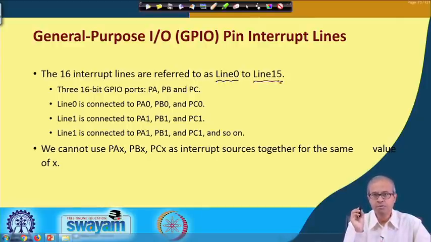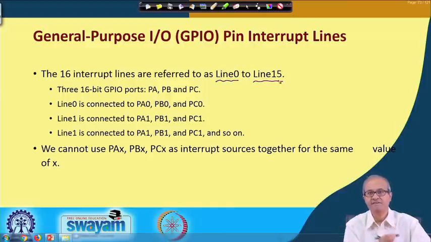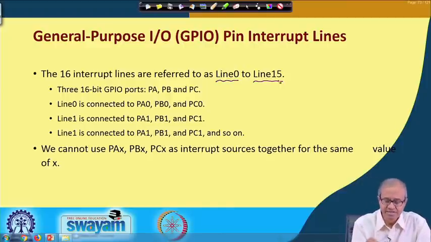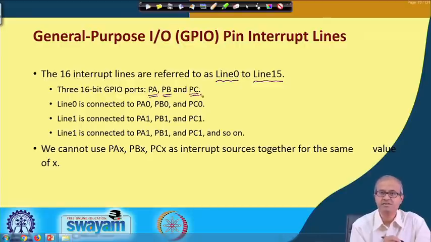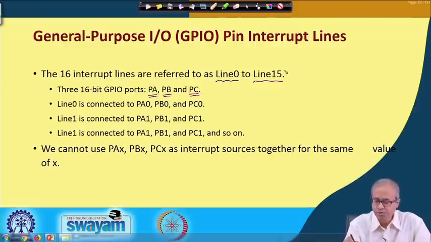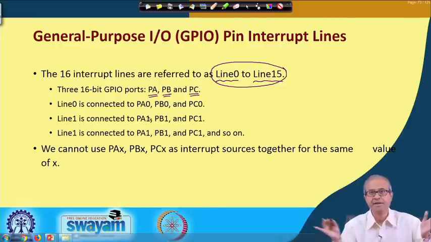Now, you should remember that in this ARM board, this family of board that we are using, there are 3 general purpose IO ports, each of them 16 bits. These are called port A, port B and port C. These are numbered from port A 0 to port A 15, port B 0 to 15, port C 0 to 15. Okay.